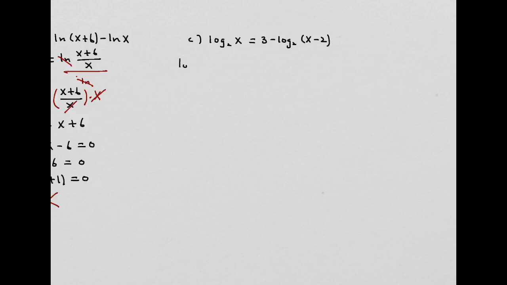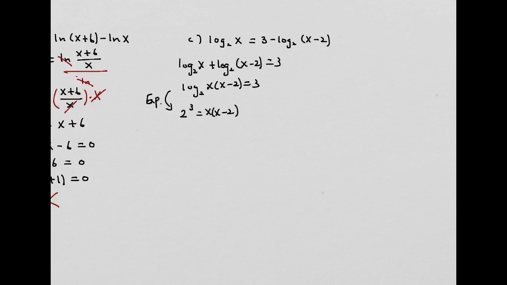So I can put the logarithms together, equals 3, and combine the logarithms into a single logarithm. Once it's a single logarithm, then you can change it to exponentials, right? That gives you 2 to the cube equals x times (x minus 2). And then you can solve from there, right?